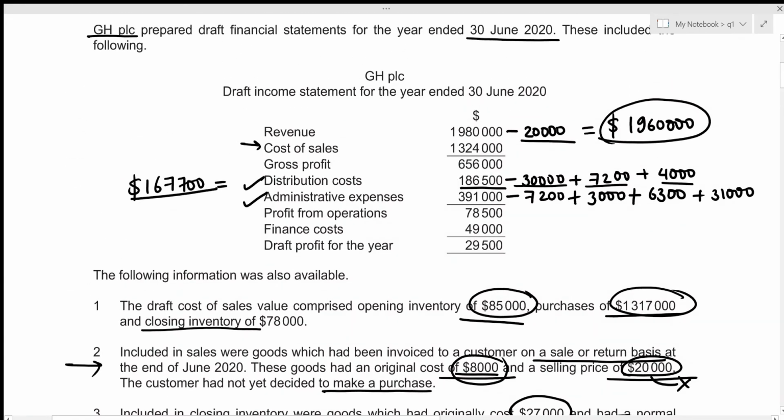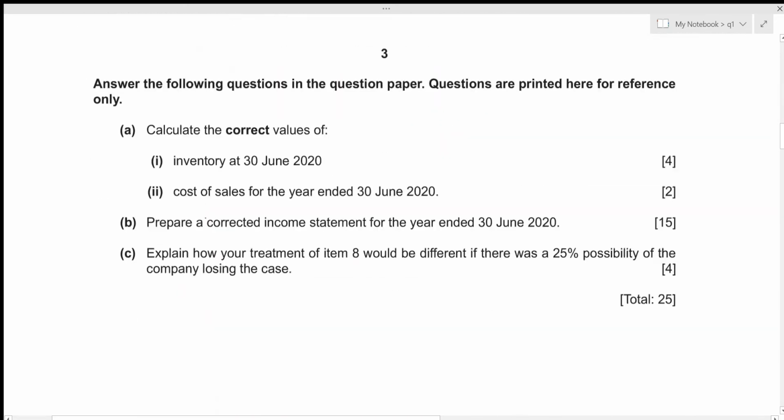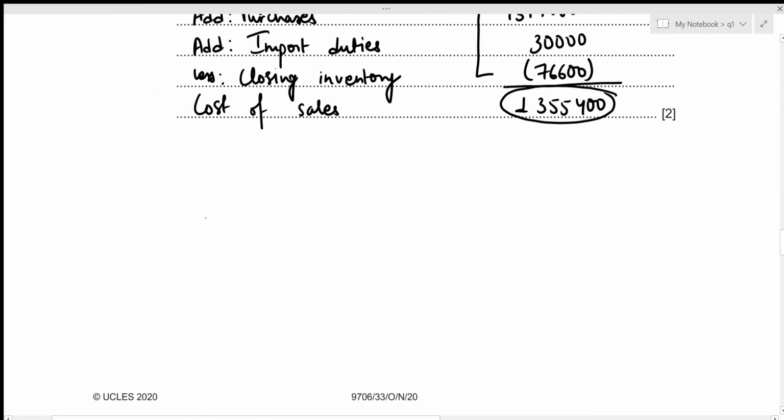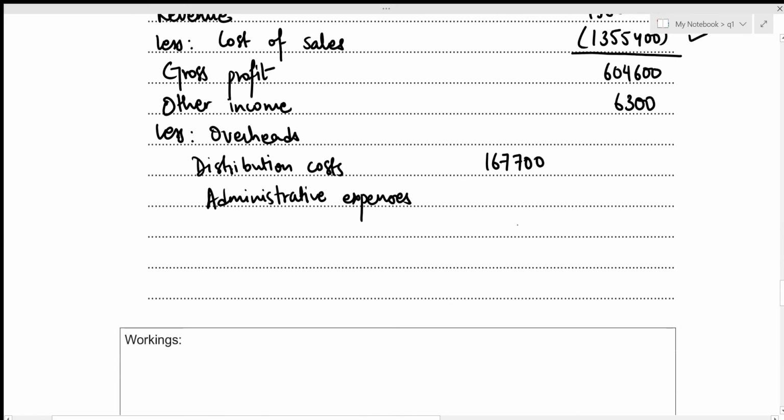So the total for administrative expenses is going to be 391,000 minus 7,200 plus 3,000 plus 6,300 plus 31,000, which results in the total of administrative expenses to be 424,100. Let's substitute this value into our income statement. So that's 424,100.